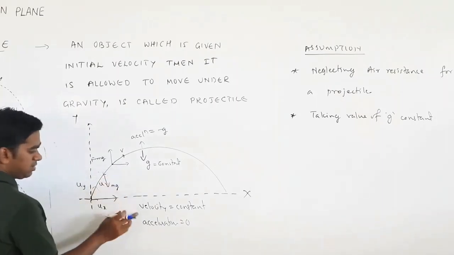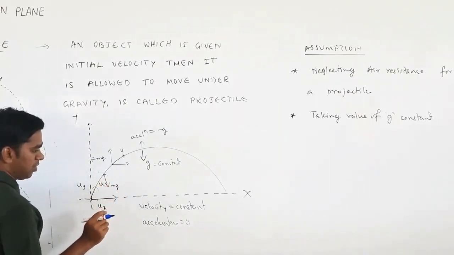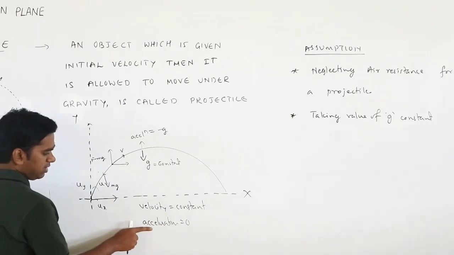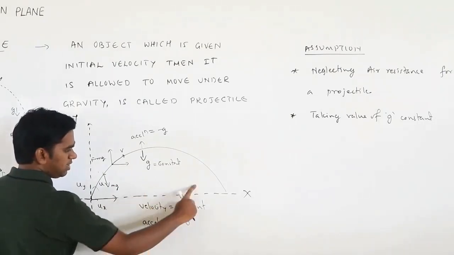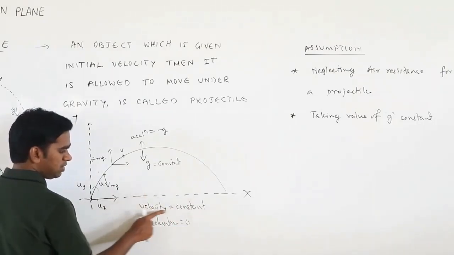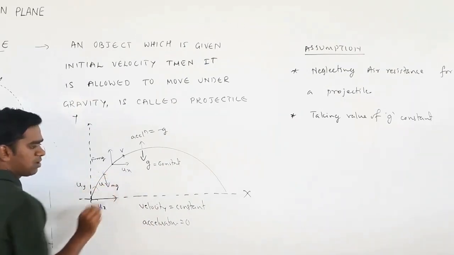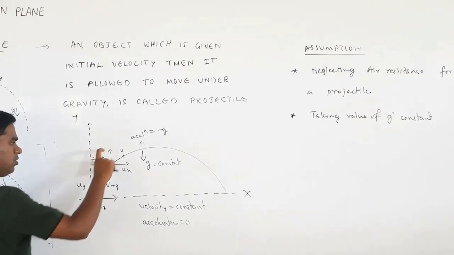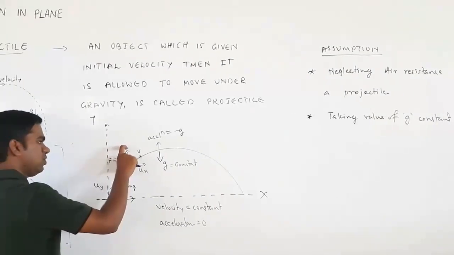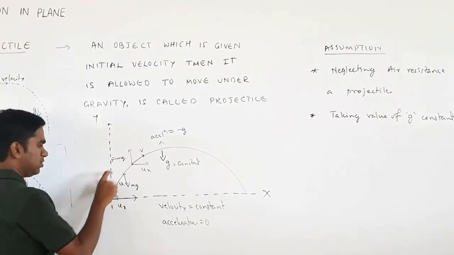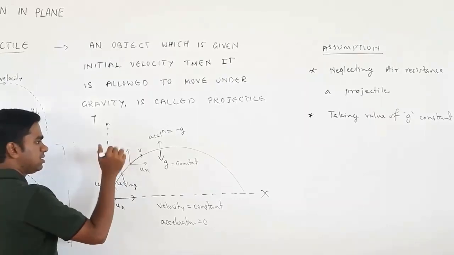So this is all about the projectile. Now it's very important. Acceleration along horizontal is what? 0. That means the velocity is constant. Here if it is ux, here also it is going to be ux. What about this one? This is not going to be ux, and it is not going to be uy. It is something else.